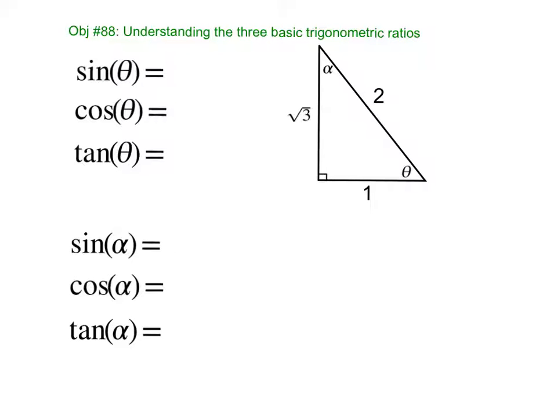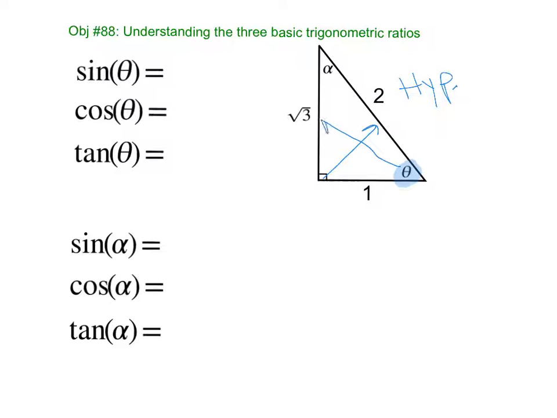All right, pause the video. I want you to focus just on sine theta, cosine theta, tan. Start with your thetas. All right, so I'm going to label my triangle. So opposite is my hypotenuse, opposite the right angle.